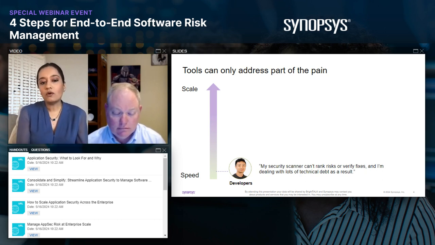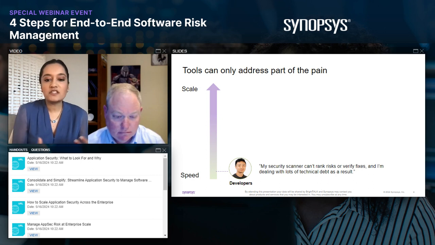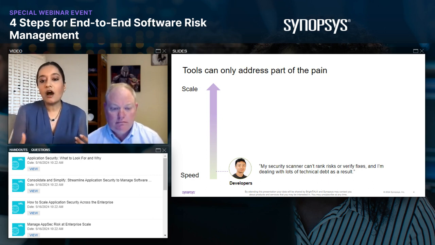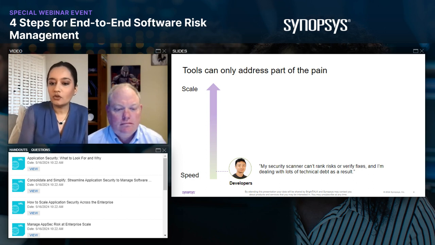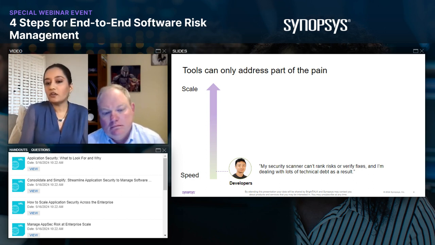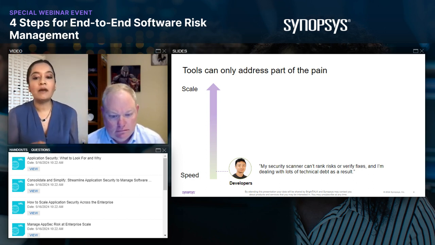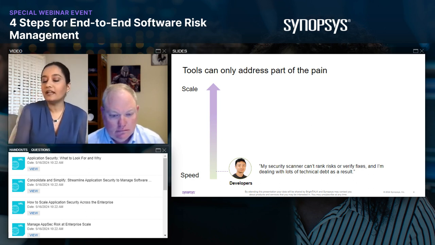For these various stakeholders in the security process, such as developers, the problem that they often run into is: well, I have a security tool, but it can't rank my level of risk with a particular finding that is discovered. It cannot verify the fix that needs to be committed.